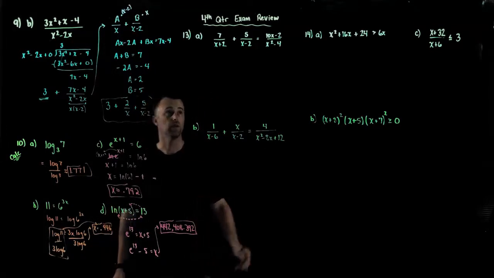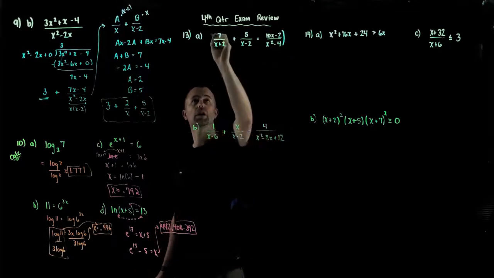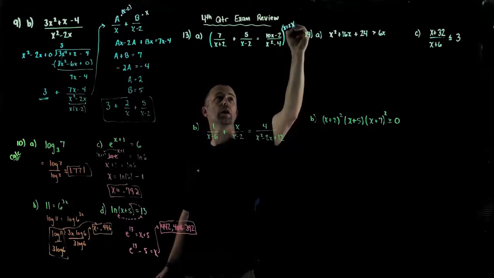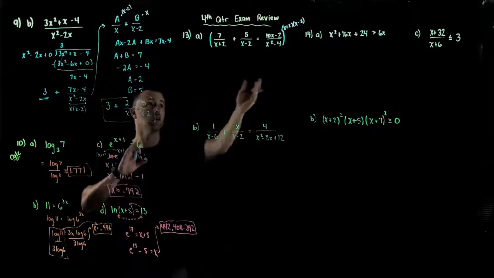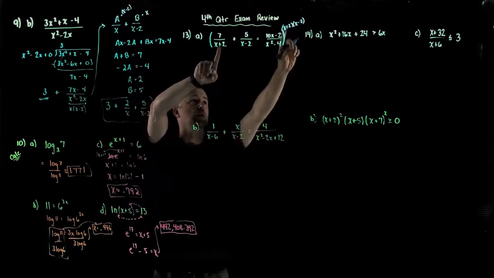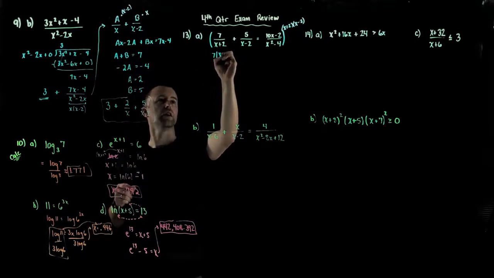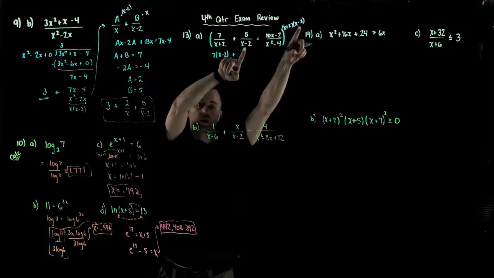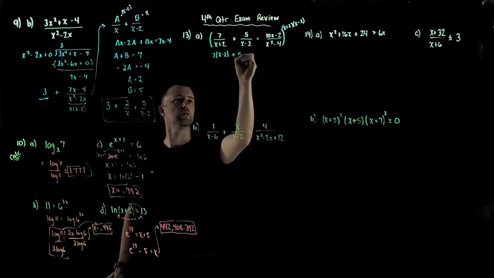So that means I'm multiplying both sides by x plus 2 times x minus 2, the least common multiple. So I'm going to distribute that throughout the entire equation. So when I multiply here, the x plus 2's are going to go away. I'm going to get 7 times x minus 2. Here, the x minus 2's are going to cancel when I distribute. So I'm going to get 5 times x plus 2.